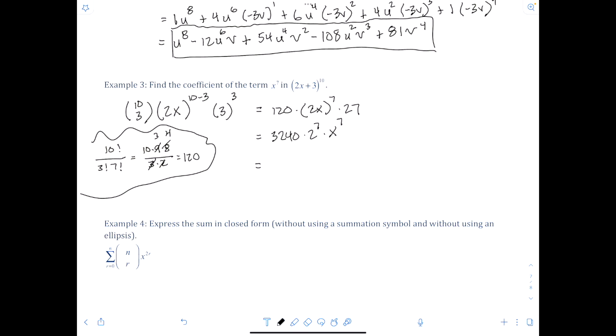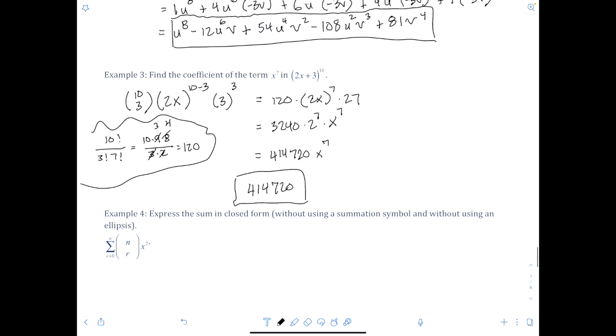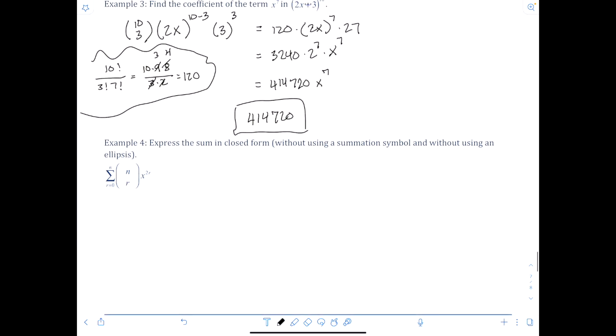And 3240 times 2 to the 7th is 414,720 times x to the 7th. So the coefficient is 414,720. Cool? So that's kind of nice. You don't have to expand the entire binomial sum to find that term.